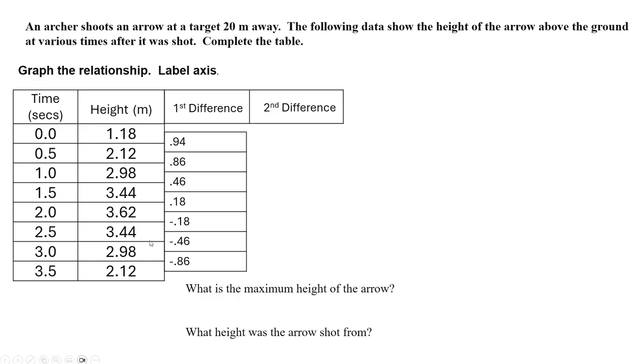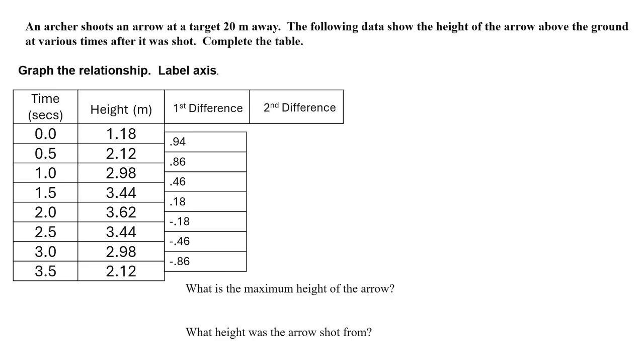Here's our first differences that we get from subtracting this from this, this from this, and so on. And as you can see, none of these first difference values are the same. So we know it's not linear.